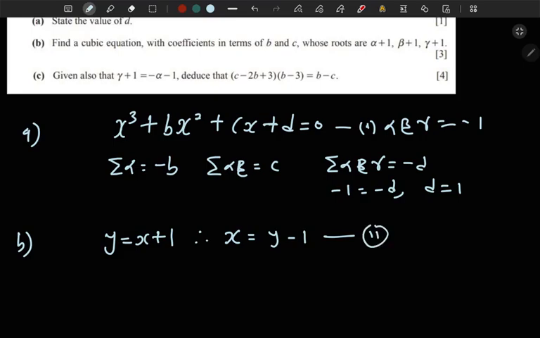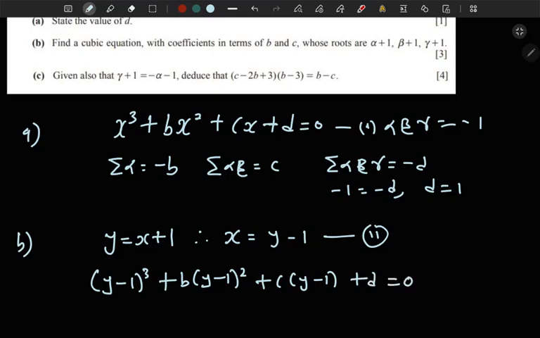Now you can substitute equation 2 in 1 so that we can express everything in equation 1 in terms of y. By substitution, equation 1 becomes y minus 1 cubed plus b times y minus 1 squared plus c times y minus 1 plus d equals 0.